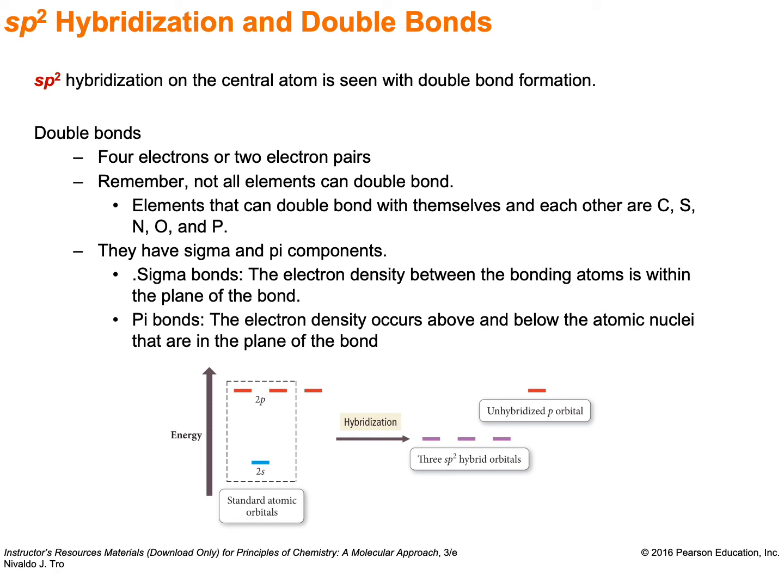The pi bonds are associated to that second bond, the double bond, or in the case of triple bond as well. The pi bonds extend above the plane of the bond and below the plane of the bond. So they're at right angles to the bond itself. And they result from the unhybridized p orbital.